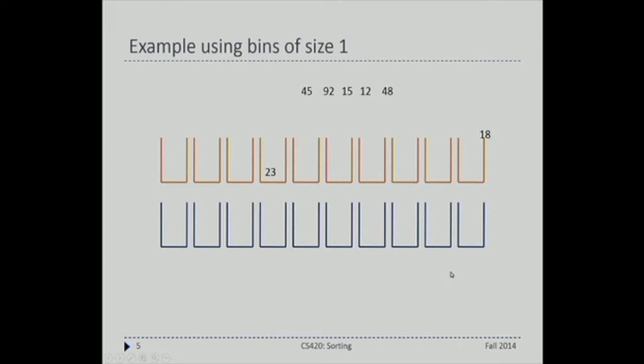Because it's the 8th bucket. 45, that's 5, that goes about here. 92, that should go there, 0, 1, 2. 15, that's 5, that goes on top of that thing there. 12 is 2 again, it goes here. And 48, that goes here. A carefully chosen set so that there are at least some buckets with 2 things in there.